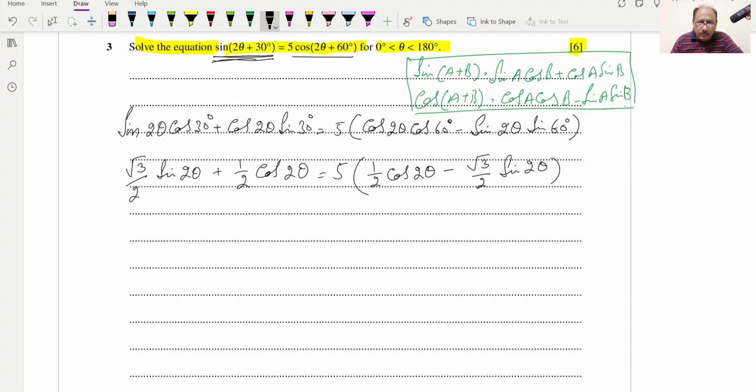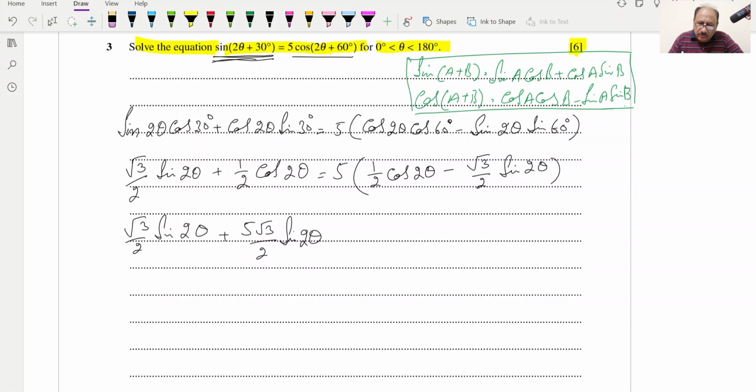Now we can open this bracket and we will shift everything to the other side also. So what we will get, under root 3 by 2 sine of 2 theta, and sine of 2 theta we will get from here also when this will be multiplied by 5, and this will be a minus term and it will go as a plus term, and we will write plus 5 under root 3 by 2 sine of 2 theta.